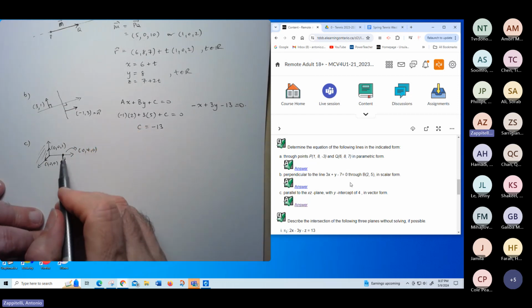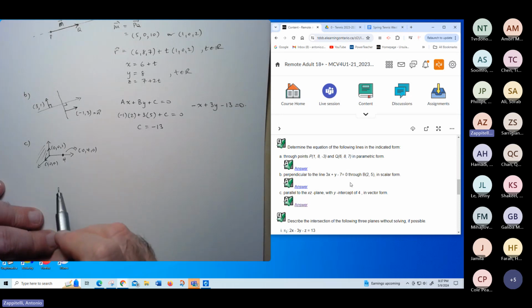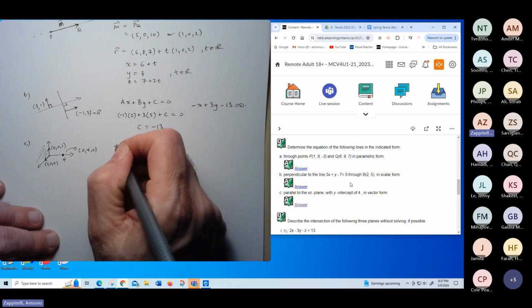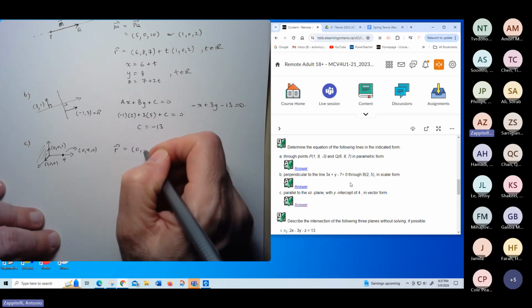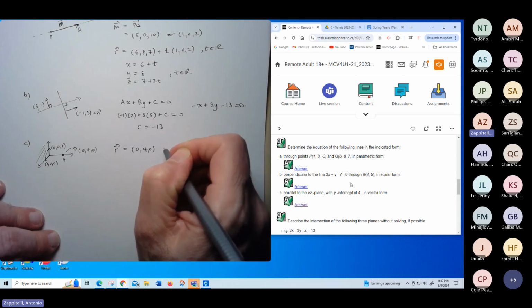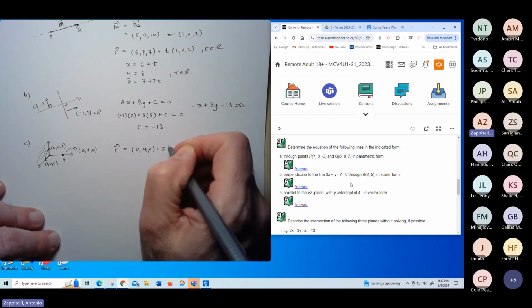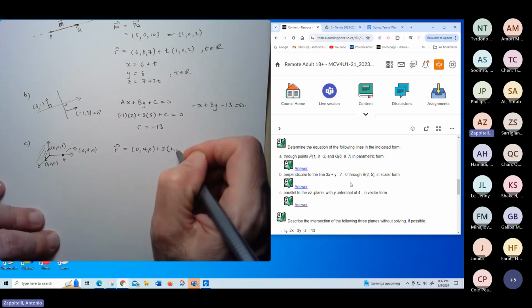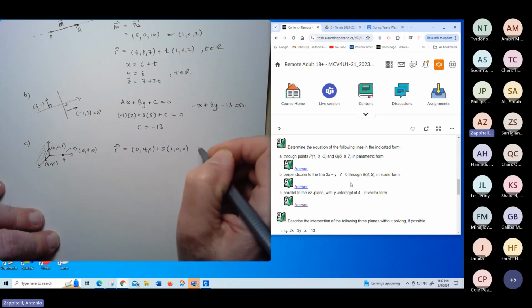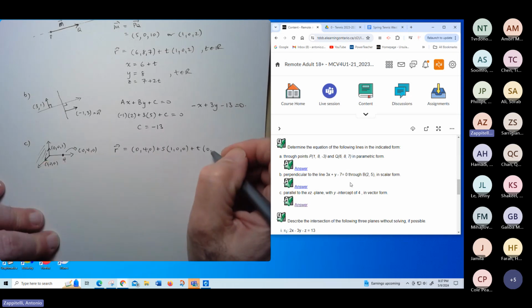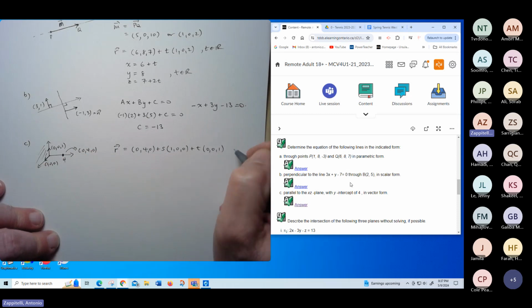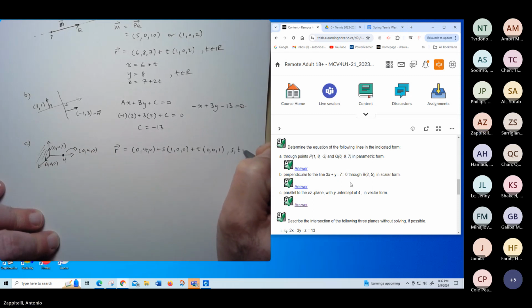Okay, so I have my point and my two direction vectors, so my equation can be written as the point (0, 4, 0) plus s times one of the direction vectors, (1, 0, 0), plus t times the other direction vector, (0, 0, 1), and s and t can be any real numbers.